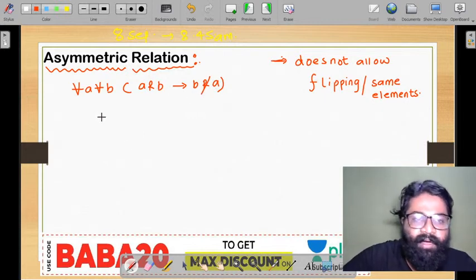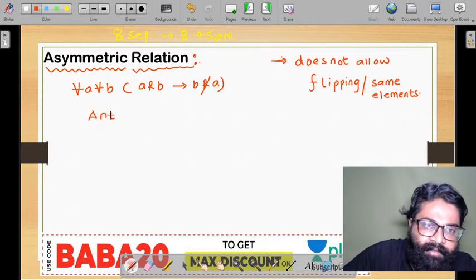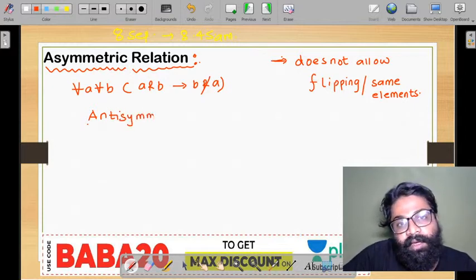So in anti-symmetric relation, what is there? In your anti-symmetric relation, it never allows the flipping.